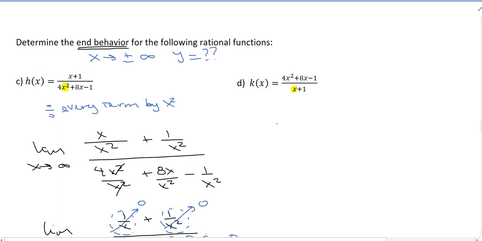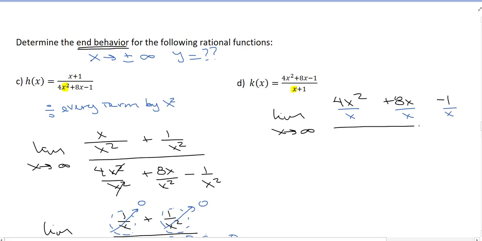And so when I take my limit as x goes to infinity, we're going to divide everything by x now. So I'm going to have 4x squared plus 8x minus 1. I guess I didn't color code my first example. So now I'm dividing by x. I'm dividing every term by x. And we do the same thing on the bottom.